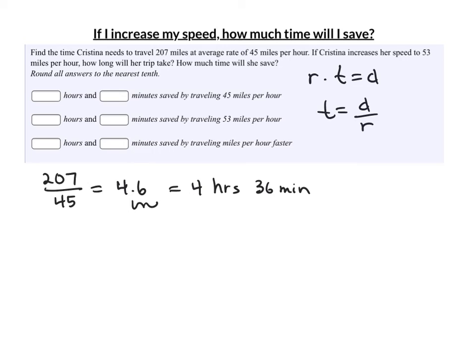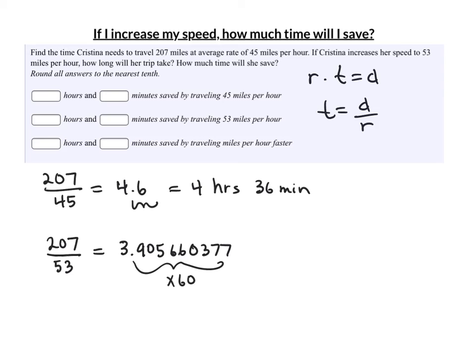For the next one, we're going to go 207 miles again, but we're going to increase our speed to 53 miles per hour. 207 divided by 53 is 3.905660377. Subtract off the 3, take the decimal part times 60. That ends up being 3 hours and 54 minutes.